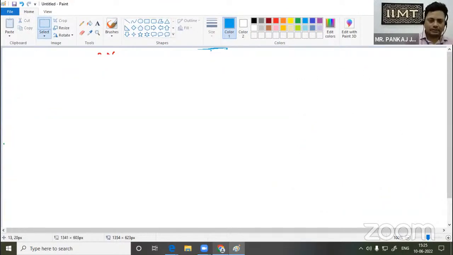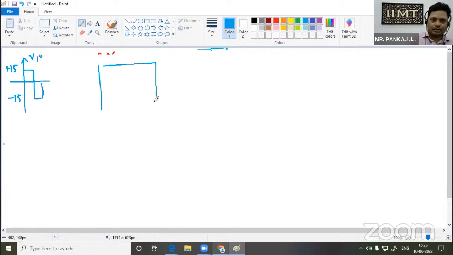Suppose we are given an input which is varying from minus 15 to 15 volt. This is my input. This is the circuit which we have to design, and this is my desired output.